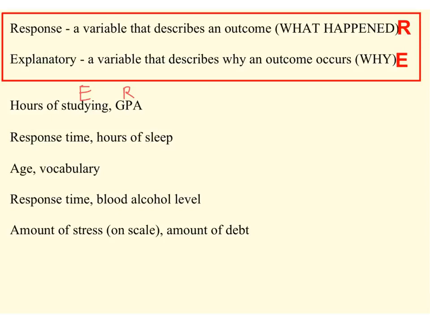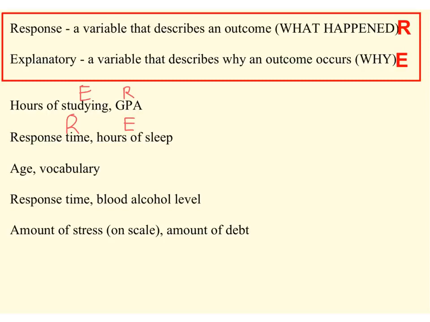Response time and hours of sleep. Response time, there are lots of tests to do that, but it's essentially how fast are you in response to some kind of stimuli, pressing the brake in the car or grabbing at something. And I would think that the more tired you are, the harder it would be to do that. So hours of sleep will explain the response time.